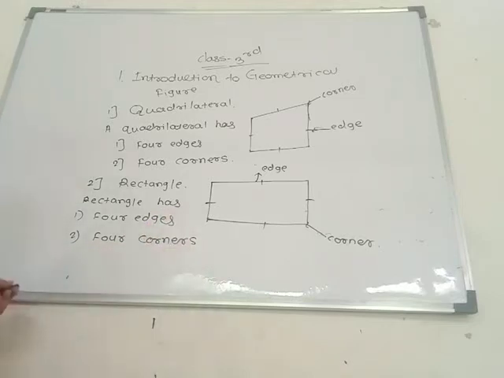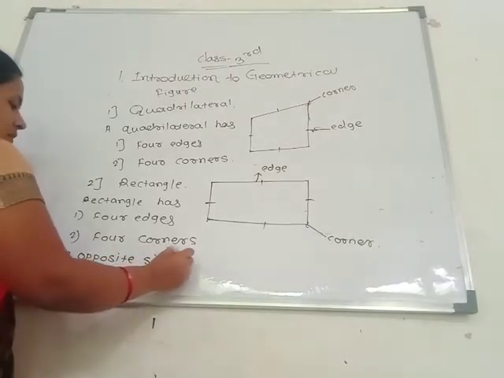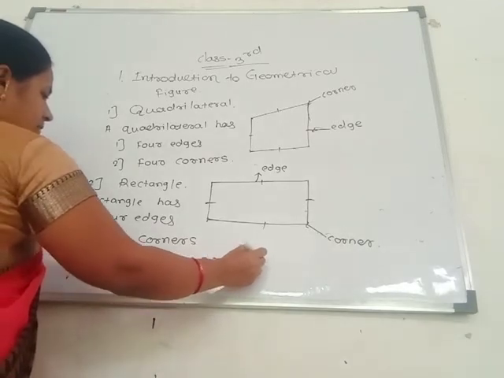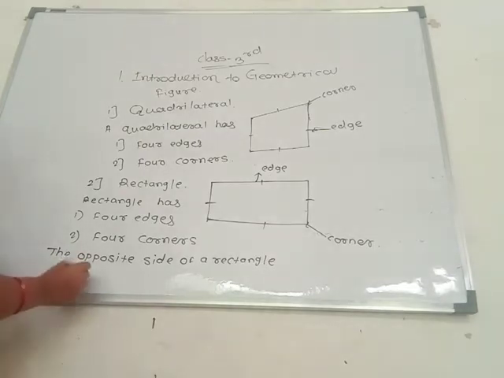And here one more point: the opposite sides of a rectangle are of equal length.